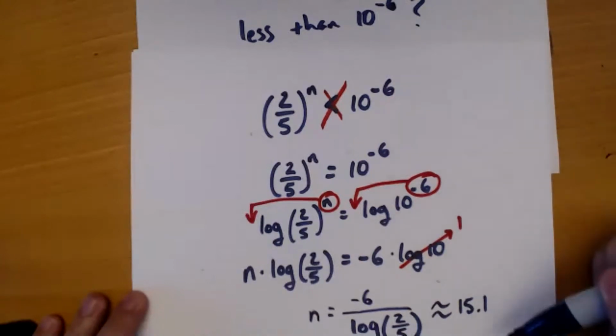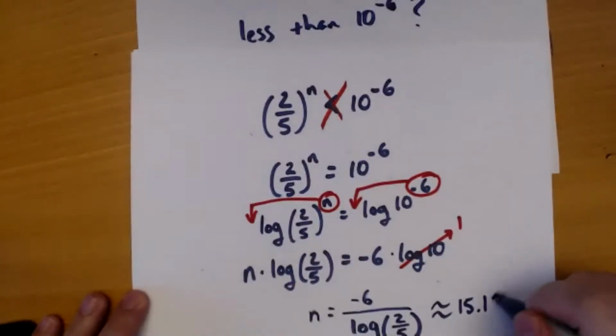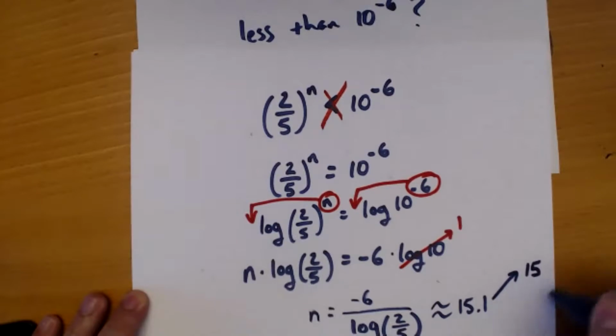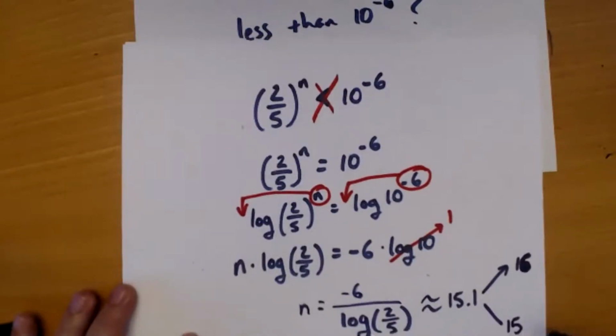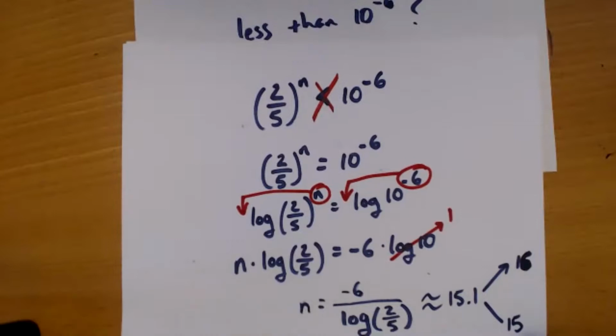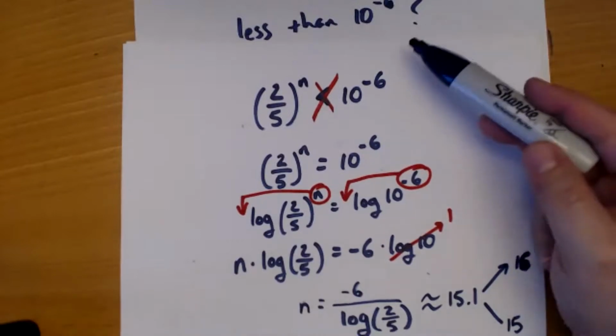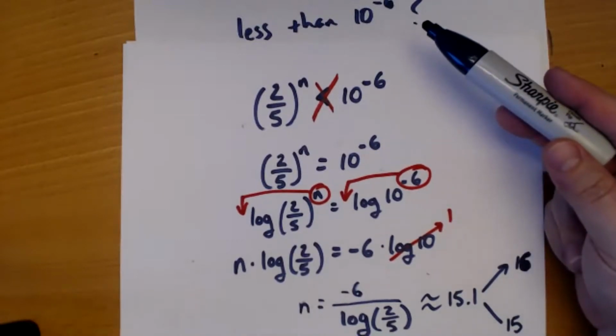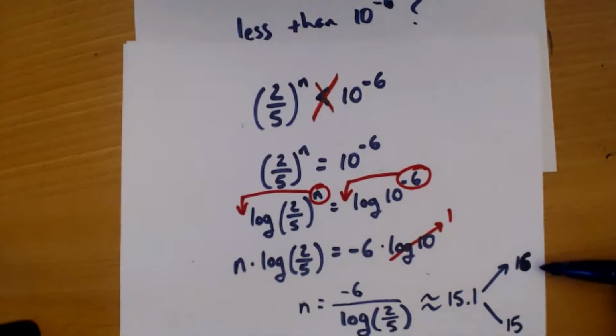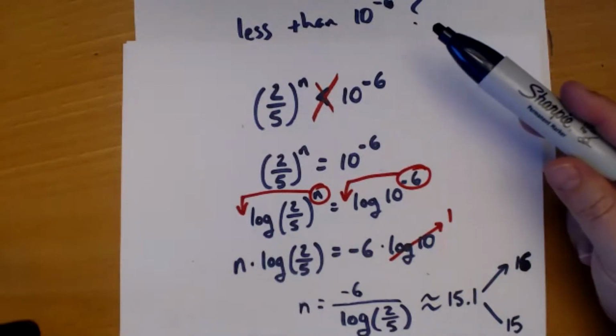So let me ask you, if I went to 15, let's do them bigger and smaller, 16 and 15, will the 15th term be smaller than 10 to the negative sixth? Or will the 16th term be smaller than 10 to the negative sixth?